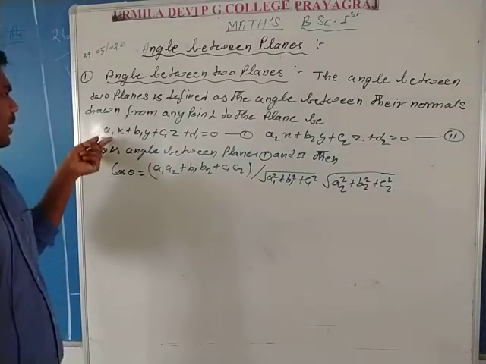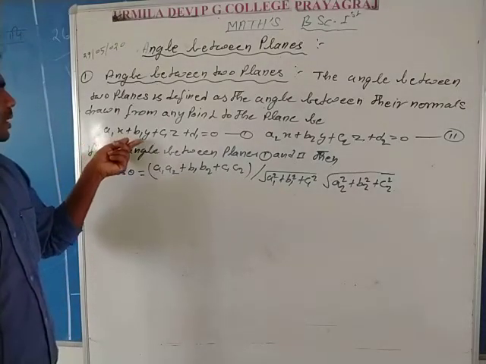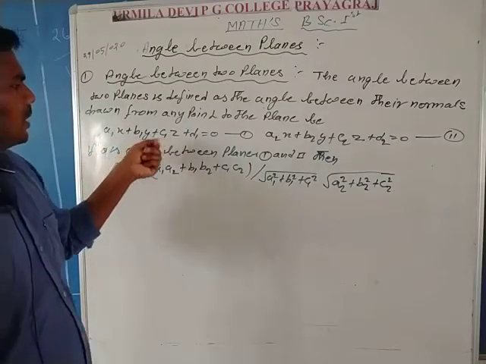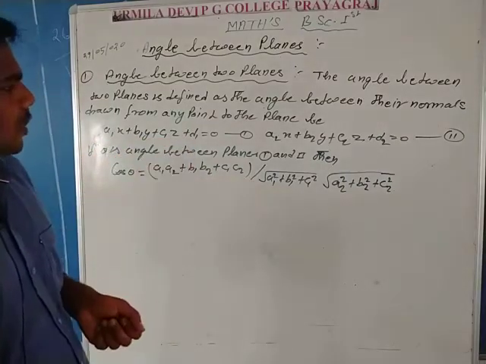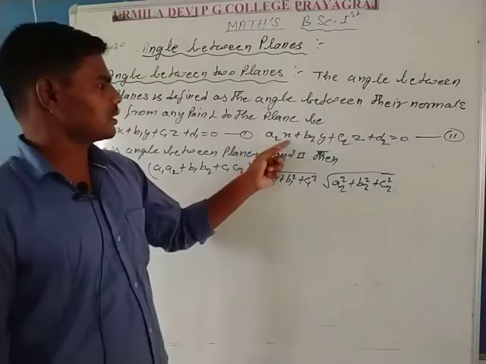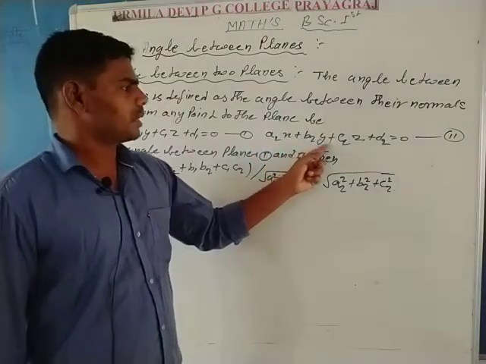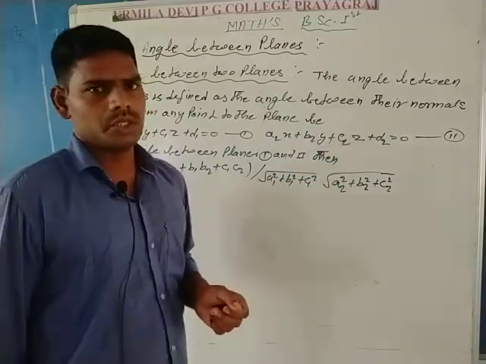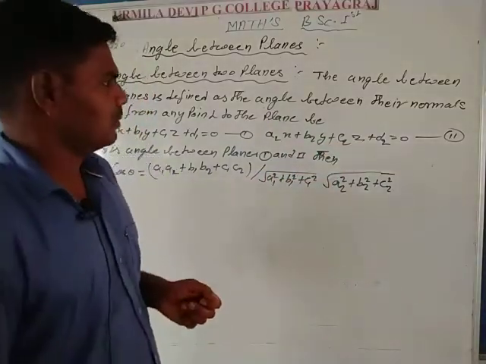If the planes are a1x plus b1y plus c1z plus d1 is equal to 0 and the second plane is a2x plus b2y plus c2z plus d2 is equal to 0.